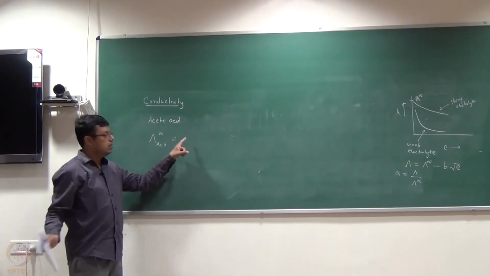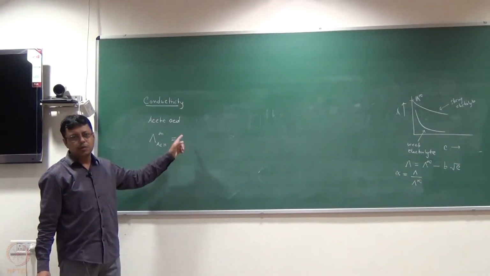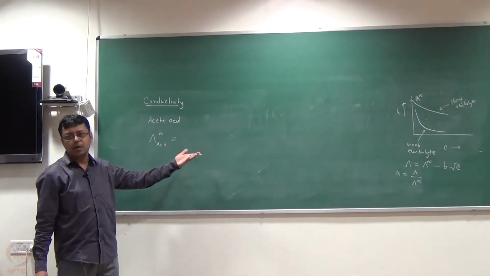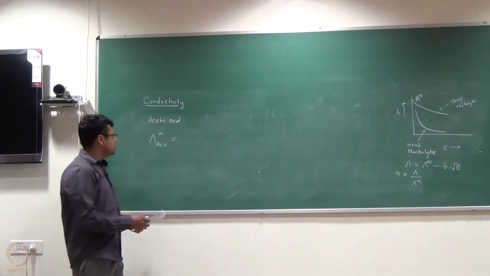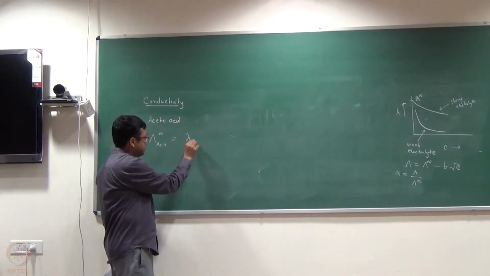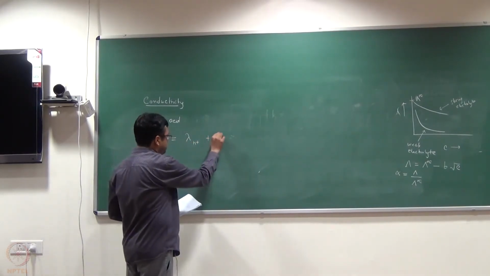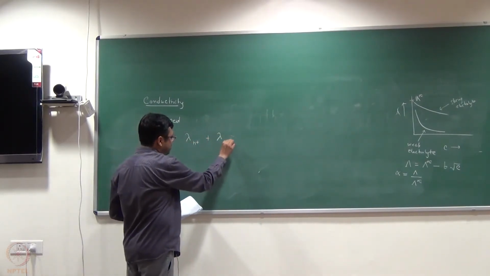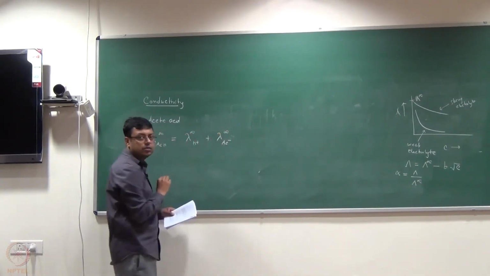It is basically nu plus into lambda plus. Now nu plus and nu minus are both 1 here because it's just a 1:1 electrolyte. So I have lambda plus, which is nothing but H plus here, and I have lambda minus, which is nothing but Ac minus. And I am talking about infinite dilution.